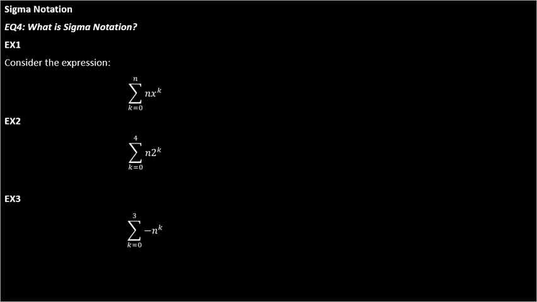You're also going to see this a lot later on: sigma notation. So what on earth does this mean? I've got this big E looking thing with an n, k equals 0, n times x to the k. What this means is, this is called a sum.